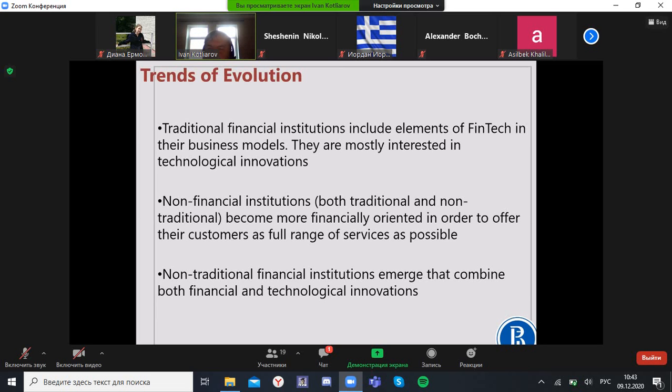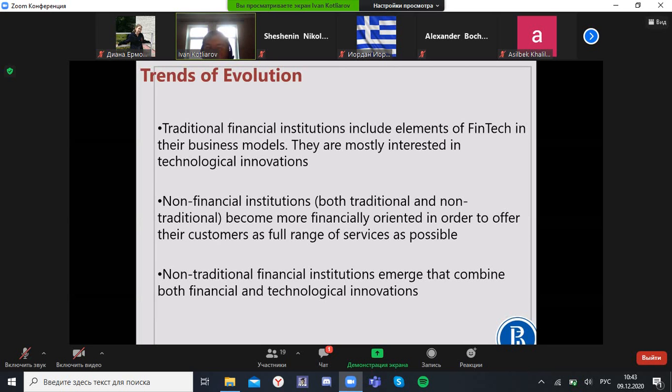But ladies and gentlemen, you should understand that it is also true for financial institutions. If non-financial institutions turn financial, if they include financial services into their range of products and services, in case of traditional financial institutions, the situation is different. Traditional financial institutions include non-financial elements in their ecosystems.